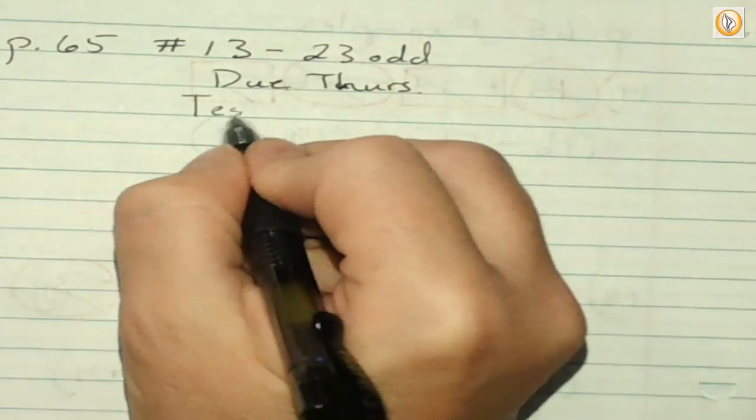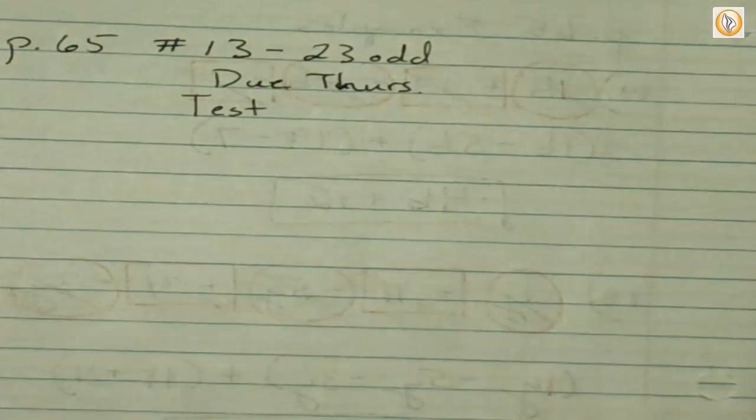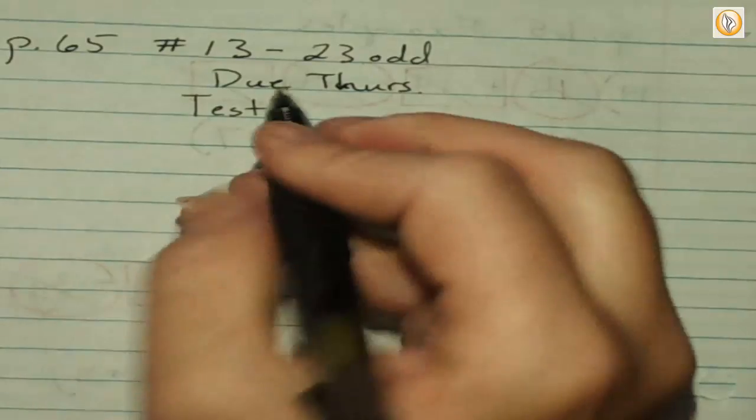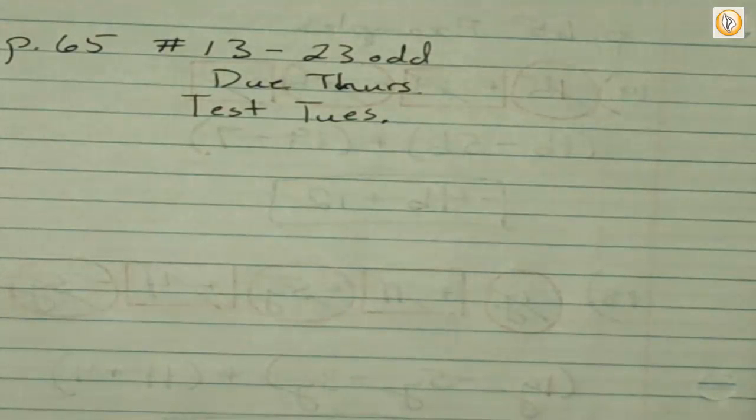Your test is Tuesday. Oh, that's all we got to do today? Yep. So 1, 2, 3, 4, 5 problems. Wait, 6. 2, 4, 6.